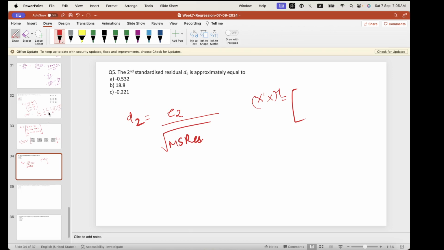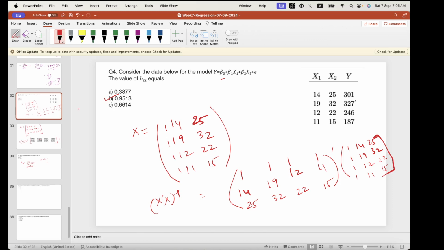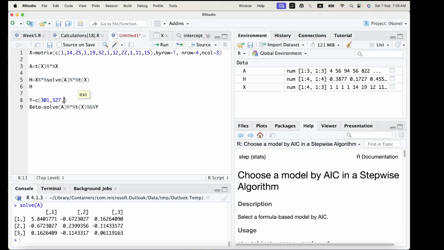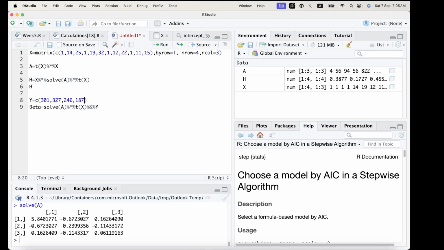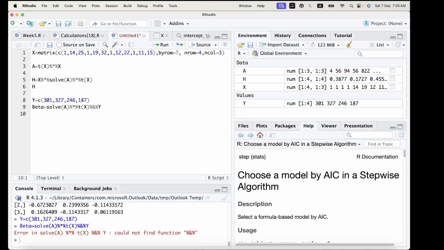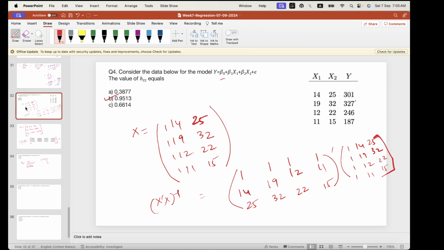Y value is this thing, 301, 327, 246 and 187. Okay, so then beta hat will be this thing.